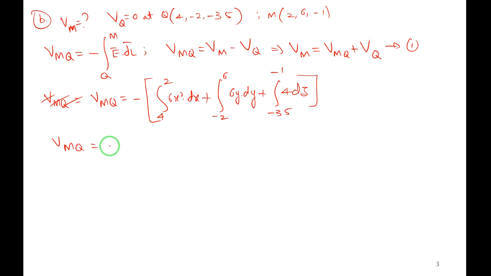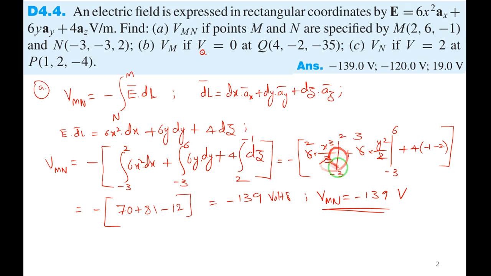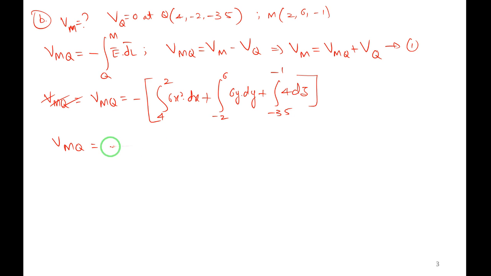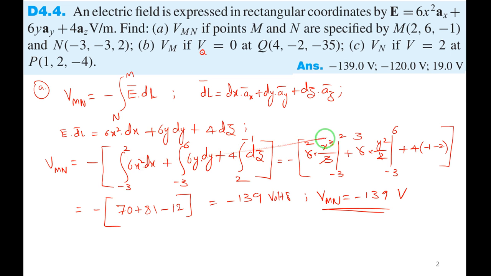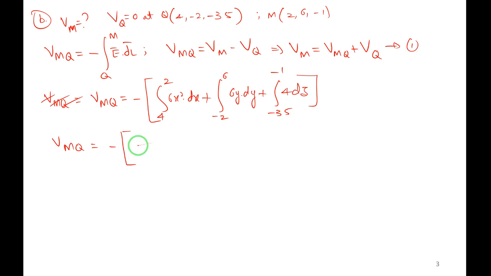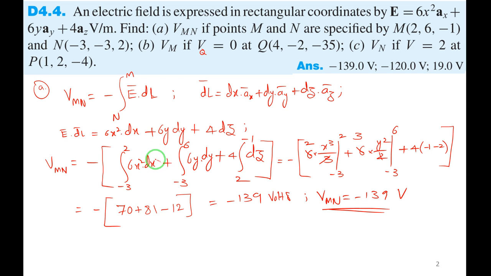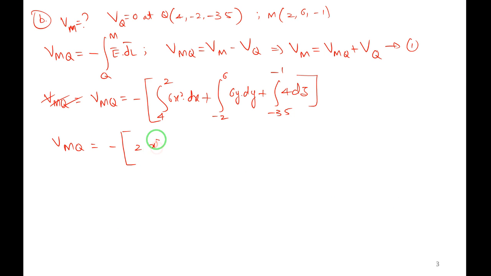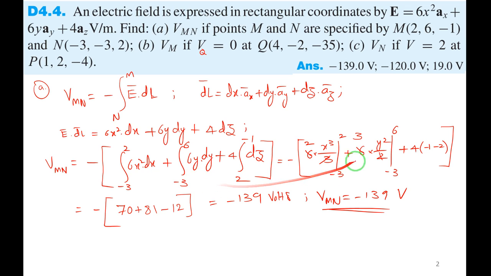Minus, we can take up this, only the limits will change. Let me look at this and write it. I will not do it once again. I am getting 2 into x cube. The limits of x will vary here, 4 to 2. Don't use these limits, 4 to 2.